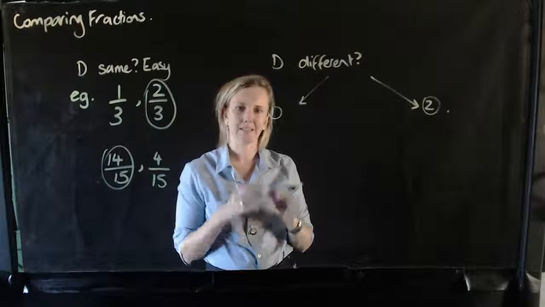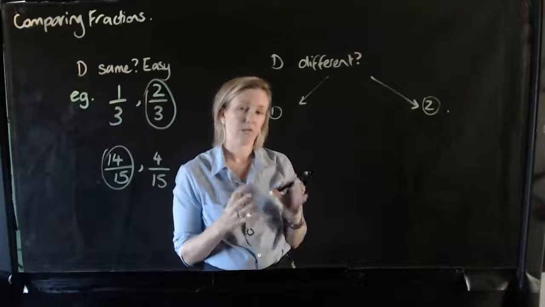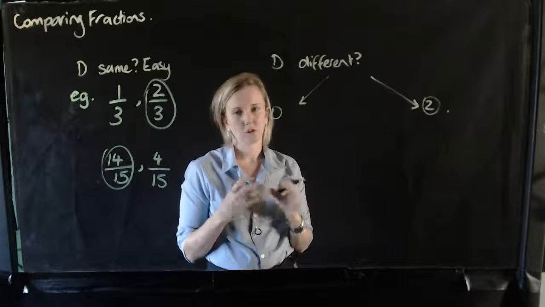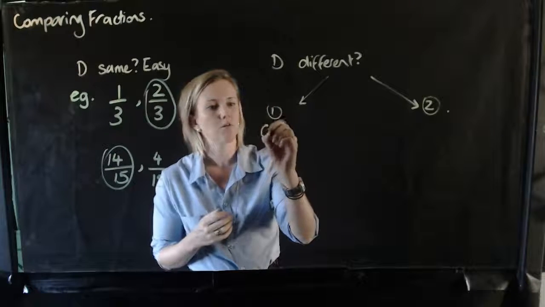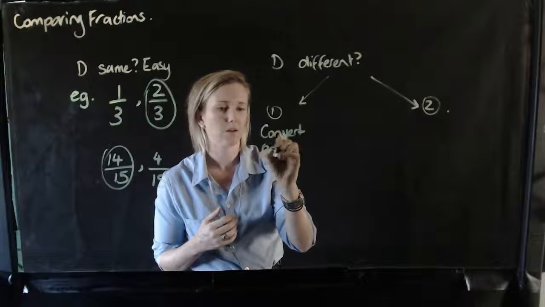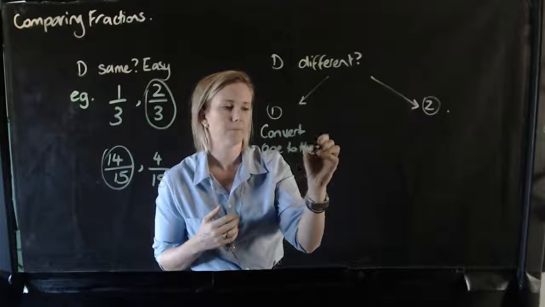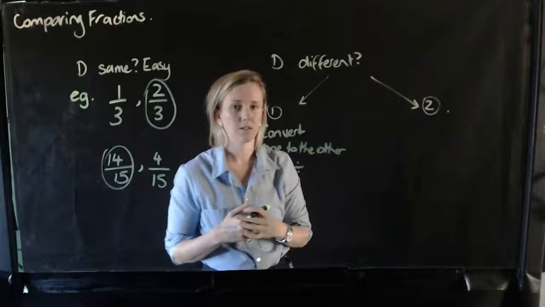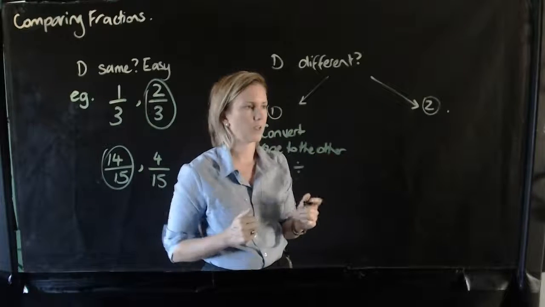Okay, so this is where it could get a little bit tricky. When the denominator is different in the two or more fractions that you've been asked to have a look at, there's two options that you can do. You can convert one fraction to match the other, and you do that by timesing or dividing, depending on the situation. We'll talk about that a little bit more in a minute.